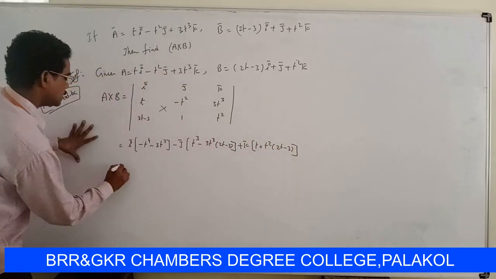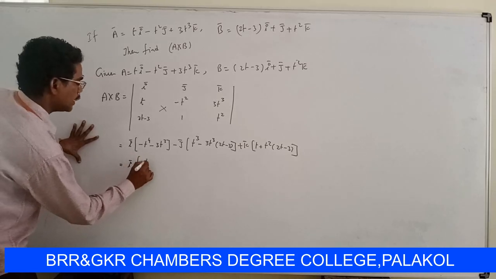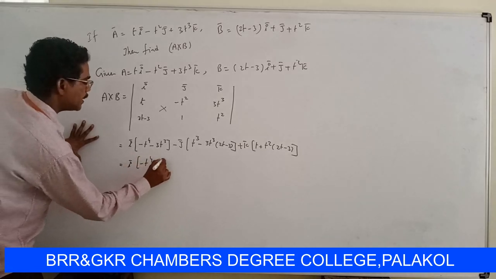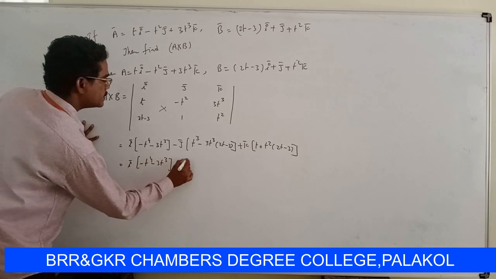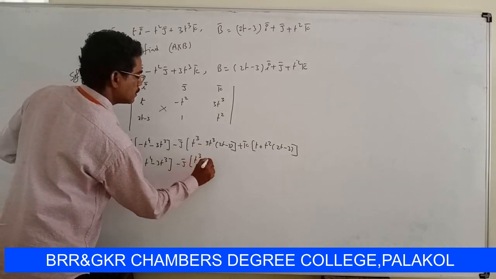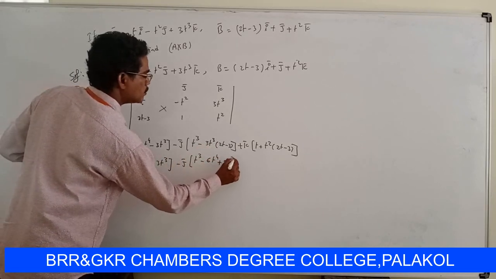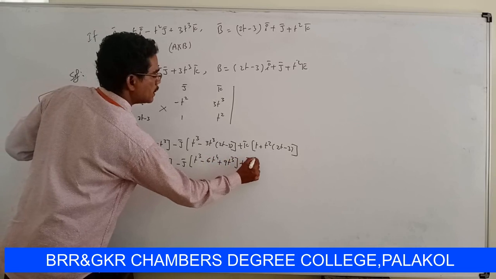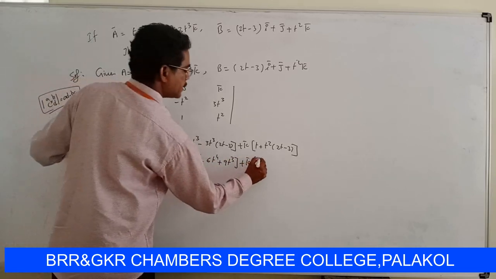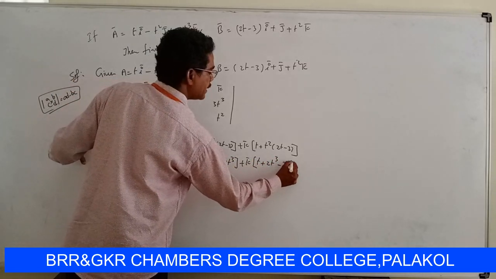Now this is i into minus t power 4 minus 3t cube, minus j into t cube minus 6t power 4 plus 9t cube, plus k into t plus 2t cube minus 3t square.